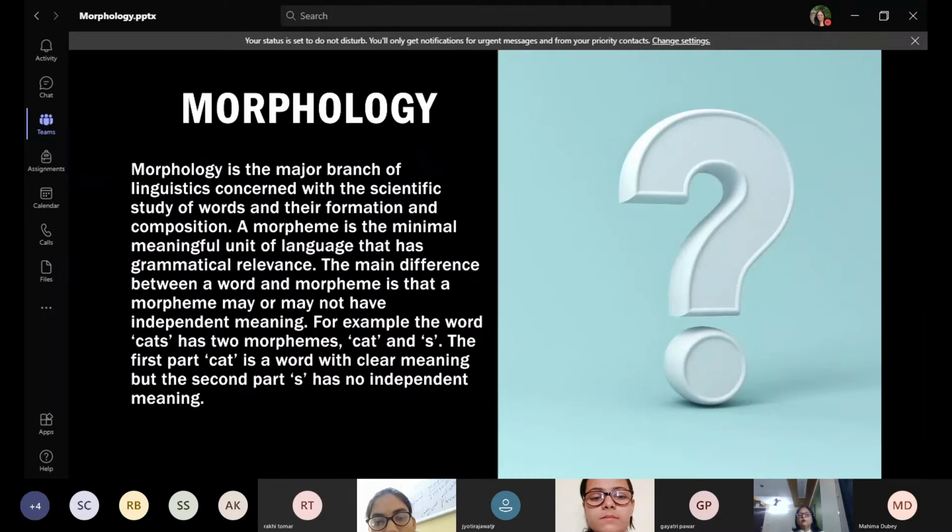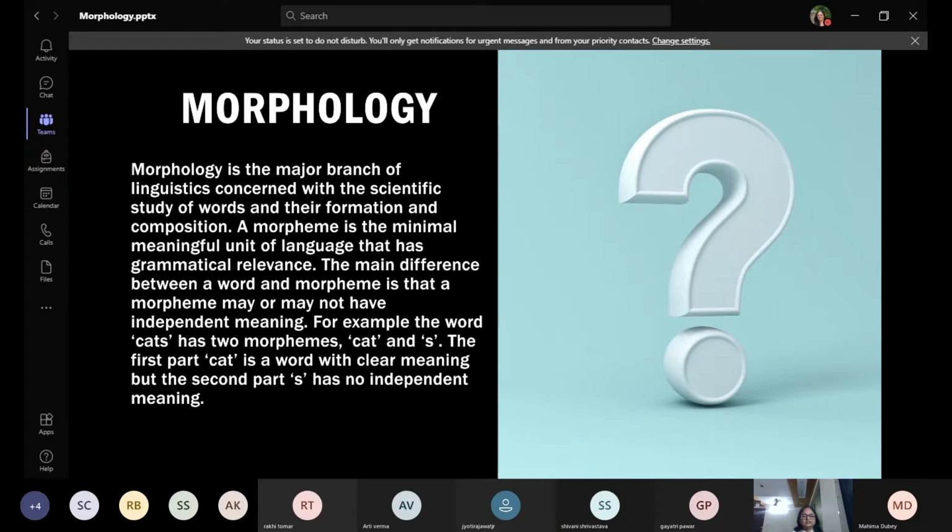So now what is morphology? Just an example, you saw what kind of things we study in morphology. Morphology is a branch of linguistics concerned with the scientific study of words and their formation and composition, how words are formed, how they are composed.